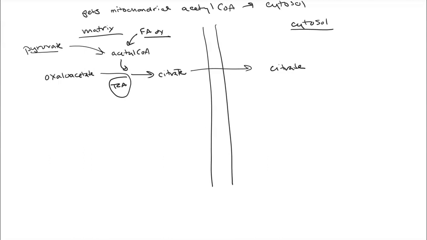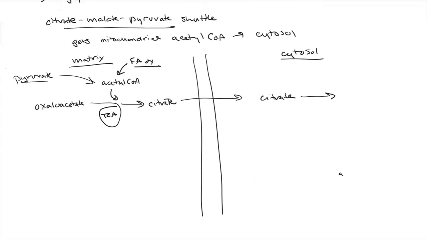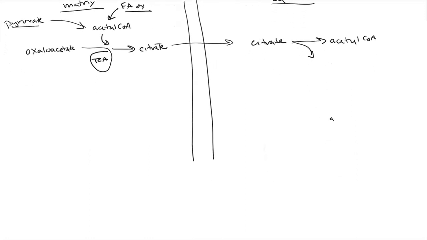The citrate can then be returned to acetyl-CoA and oxaloacetate. I'll make a little bit of space here, give us some room. Well, instead of trying to get rid of this thing, I'm just going to write over it.